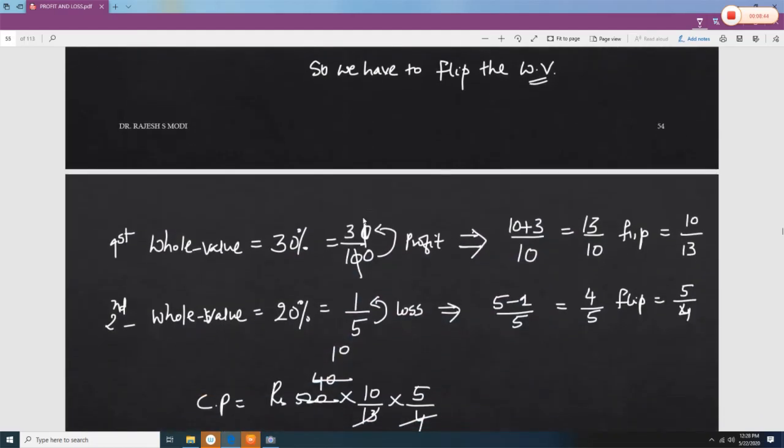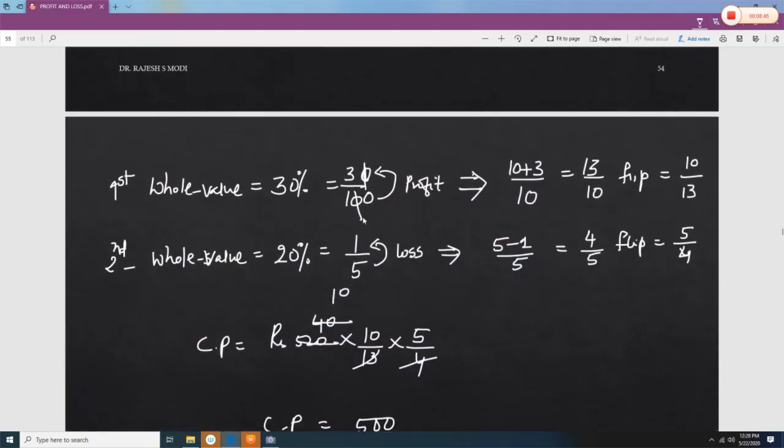Now let us calculate the whole value. First, Amir sold it to Hetham at 30% profit. 30% means 3 divided by 10. So 10 plus 3 divided by 10, so 13 over 10, and you have to find out the CP, so you have to flip this number. So when you flip it, it is 10 over 13.